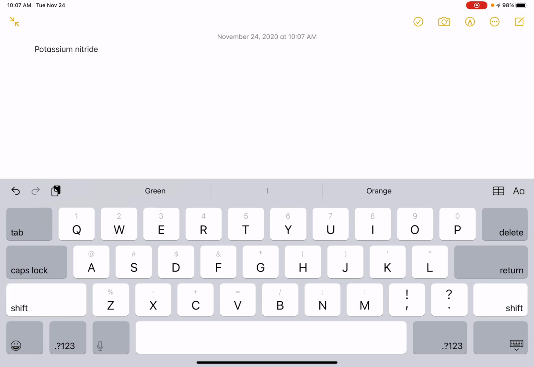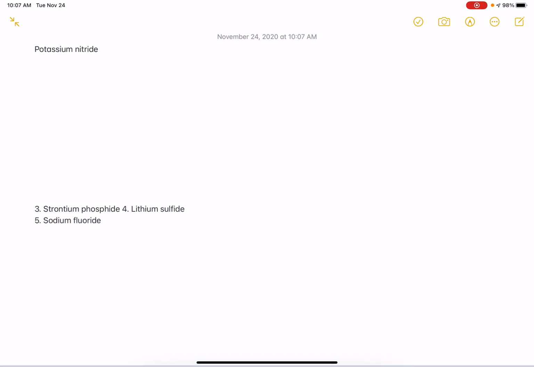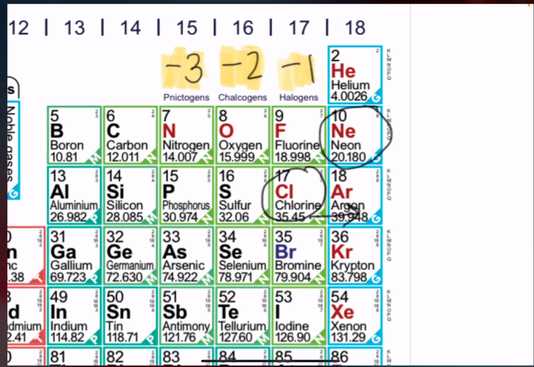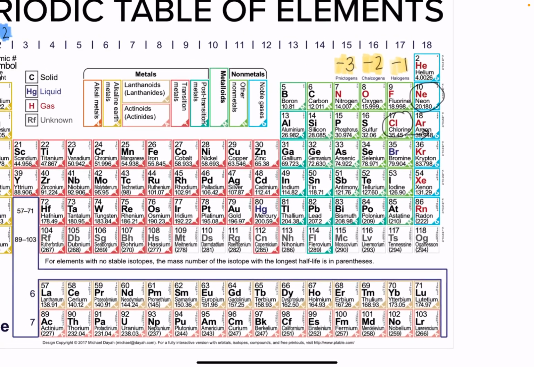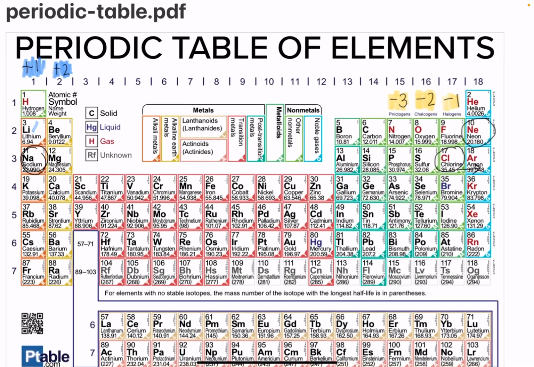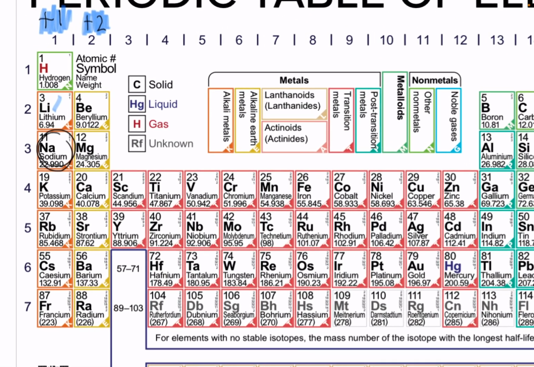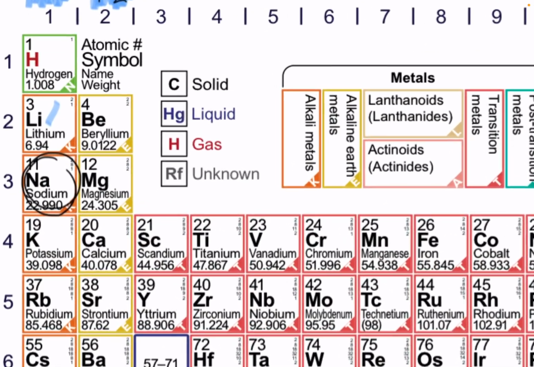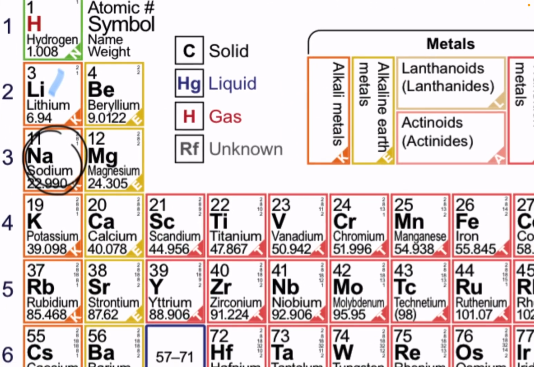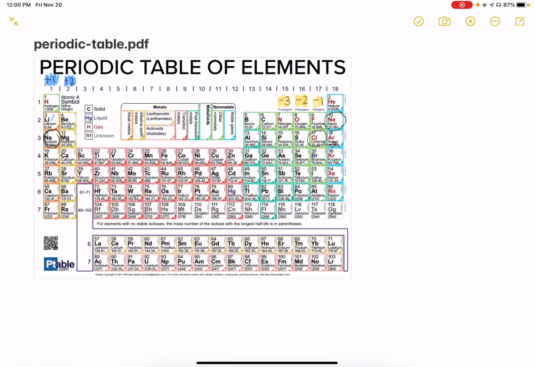Okay, so our first one here is potassium nitride. Our first step is to figure out what potassium is, then to figure out what nitride is. Potassium is on the very first column. It's number 19, and it's a K. See right below where I've circled on that picture? So it's K, and it's in the +1 row.